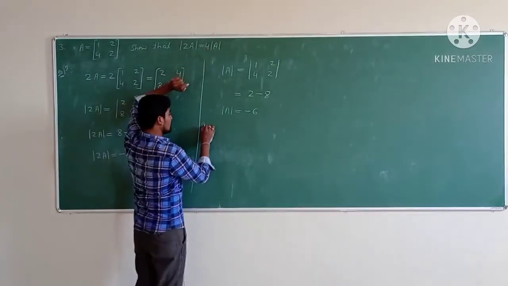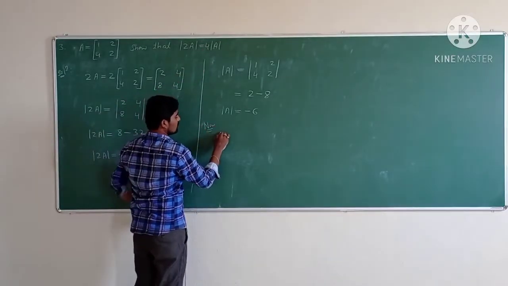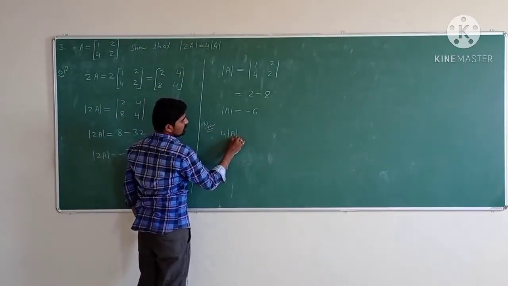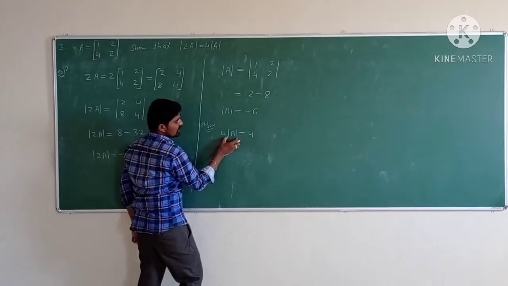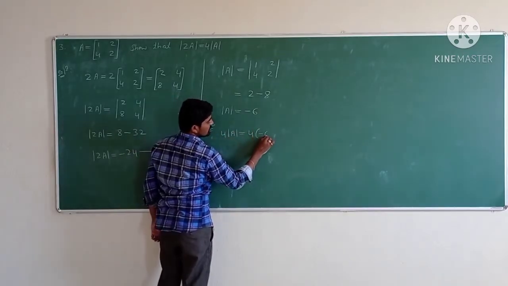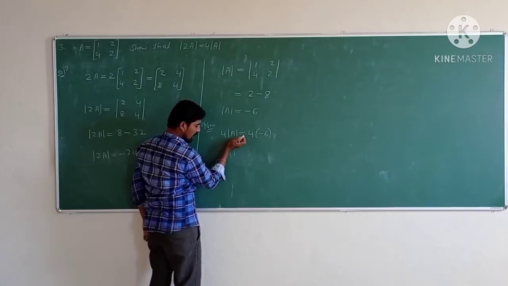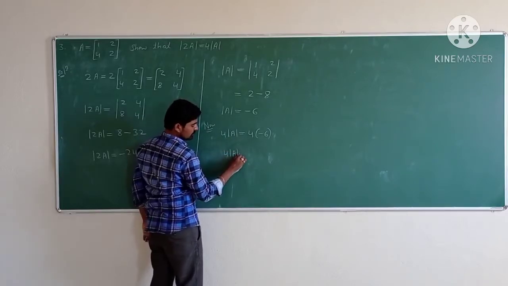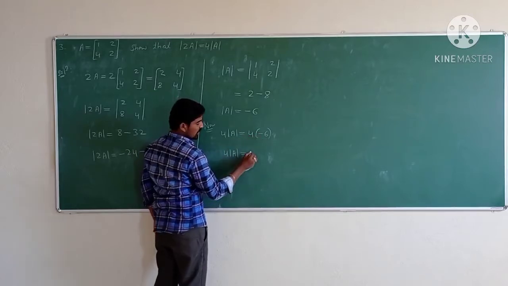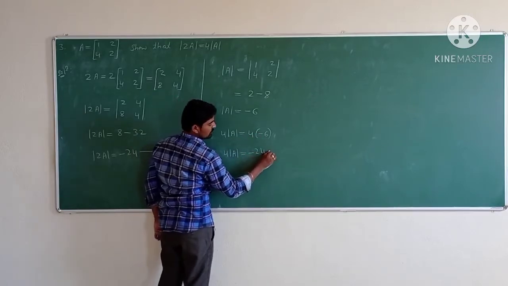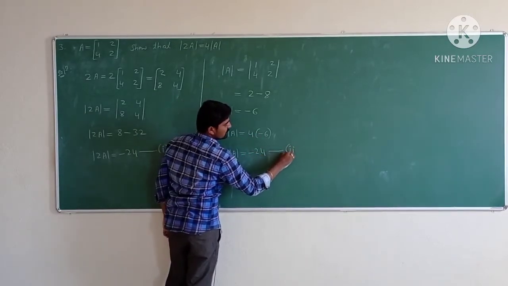Now 4 into determinant of A is equal to 4 into minus 6, which is minus 24. Call it equation number 2.